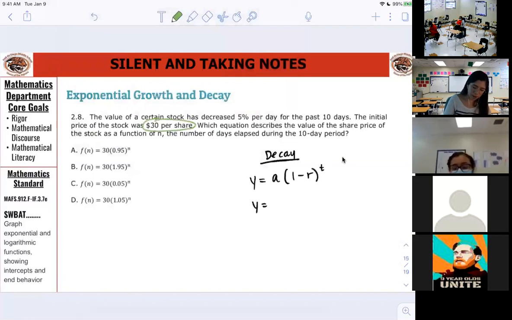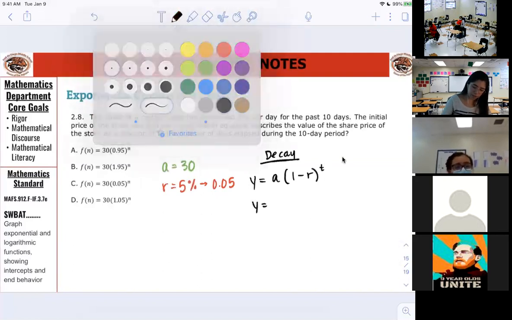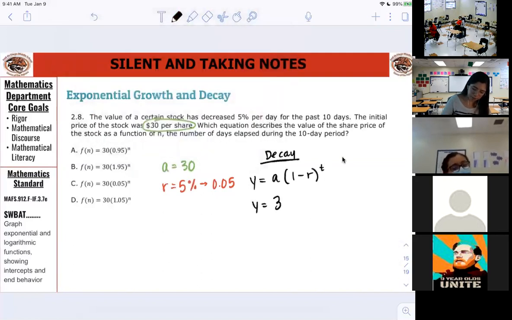What is my r, my rate? 5%. And what's 5% as a decimal? 0.05. Okay, so filling everything in, this would be 30 times (1 minus 0.05) to the power of t.